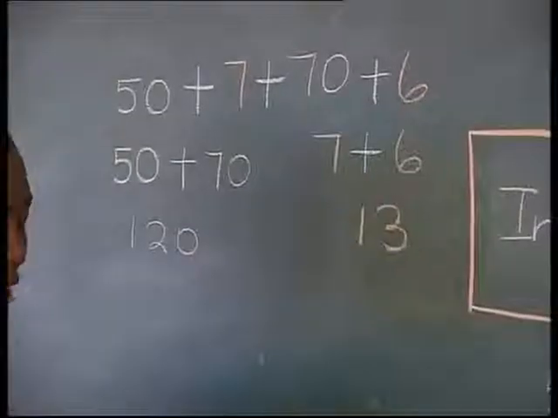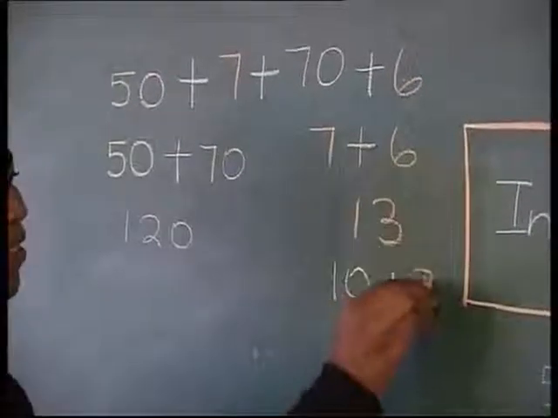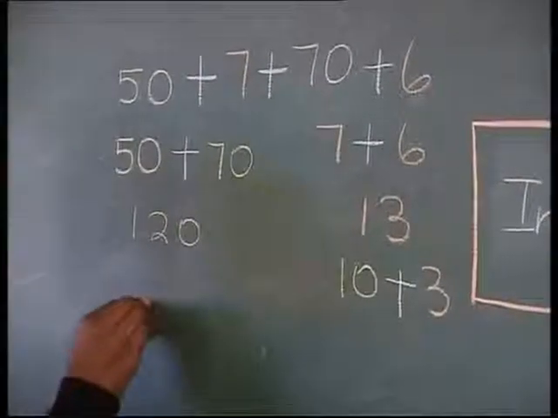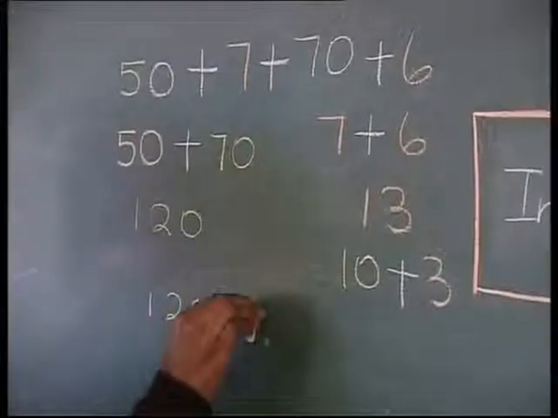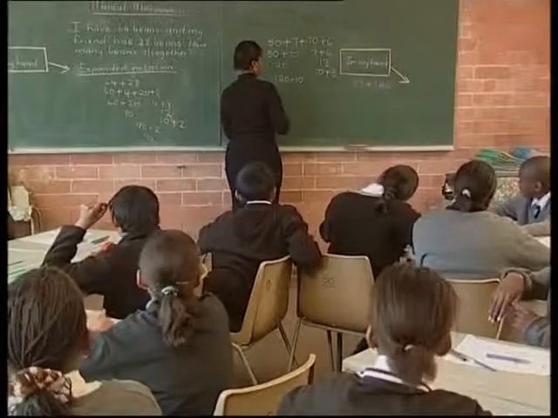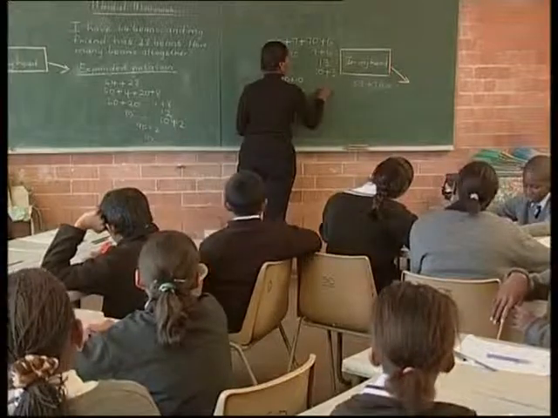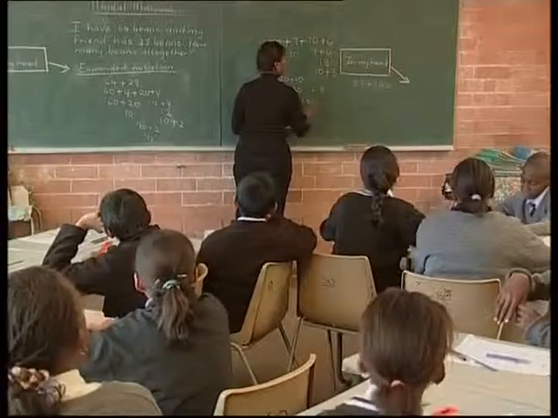Now let's write 13 in expanded notation. What is the answer? 10 plus 3. Now let's add the 10 to the other 10s. What is 120? And what is 120 plus 10? 130. Plus the 3 from the units. 133.